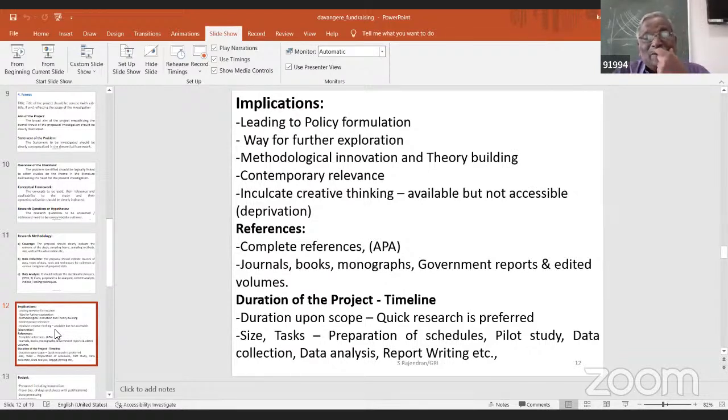And also your expected output should give scope for inculcating creative thinking in the research mind. But you should have clear understanding of how the theory as well as the empirical analytical framework can be interrelated on a specific aspect.